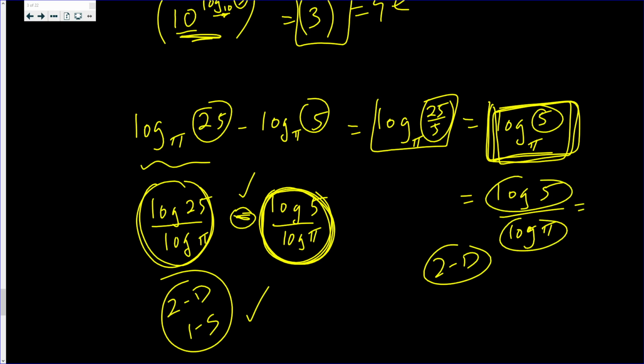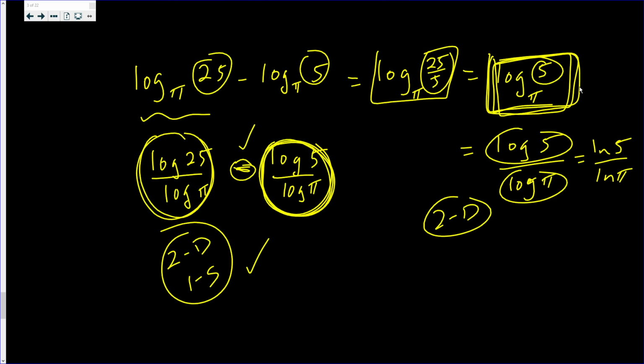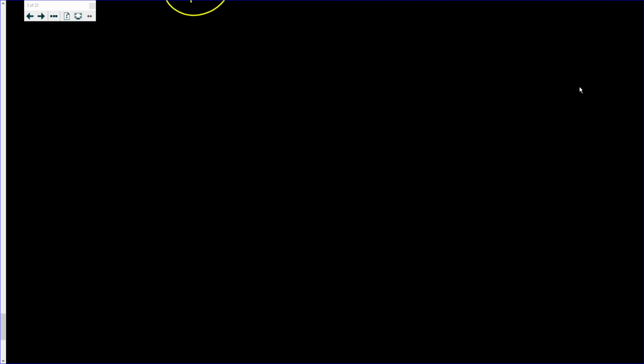And if for some unfortunate reason your log button broke, you can always go to log base 10 or log base e. Let's talk about that for a moment. If somebody asks you to calculate log of 7 and the log button isn't working, just remember that's base 10, but your ln button is working. There it is.